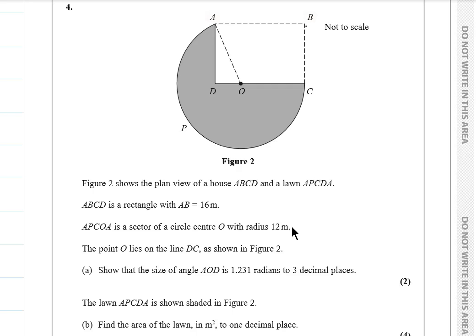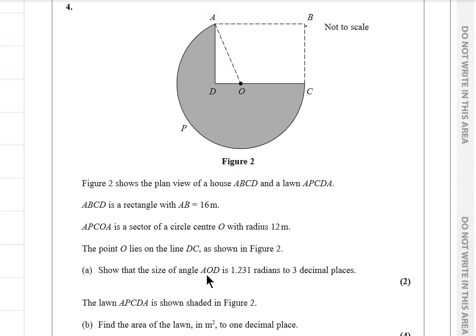Of course, we can get the length of the arc APC, the area of the sector, and so on. The point O lies on the line DC, as shown in figure 2. Show that the size of angle AOD is 1.231 radians to 3 decimal places.